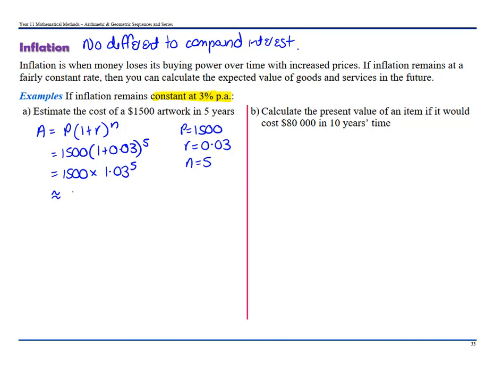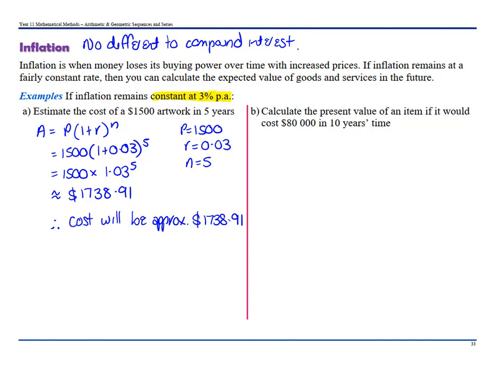Go to your calculator and it's approximately $1,738.91. So therefore, cost will be approximately $1,738.91.